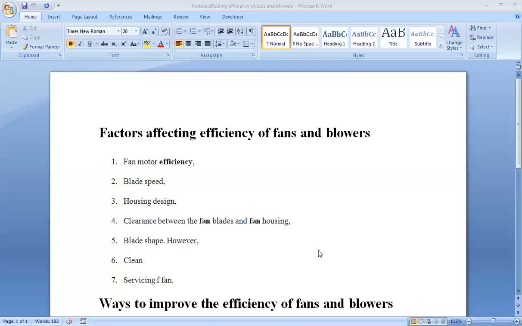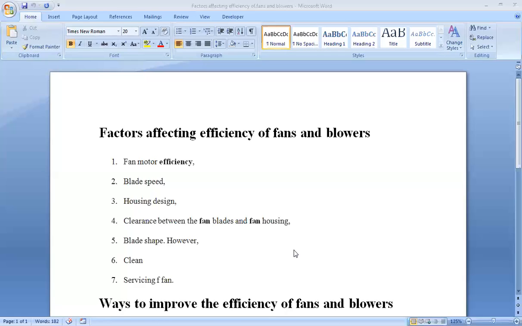The next point is the clearance between the fan blades and the fan housing. If we keep the distance between the fan blades and the fan housing very close, then what will happen? It will be very difficult for the fan to get the air and to blow it ahead. So we have to keep the optimum distance between the fan and the housing so that it gets the air and blows it ahead onto the part which is required to be cooled.